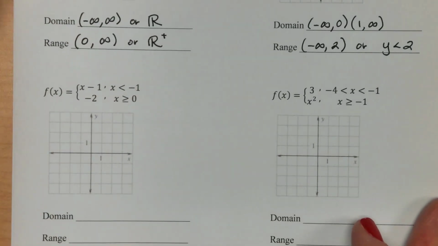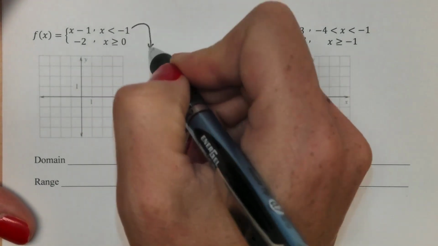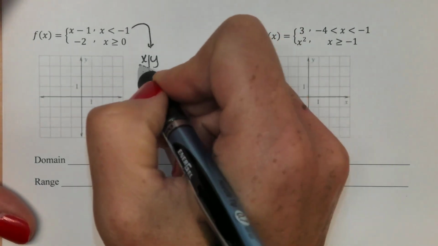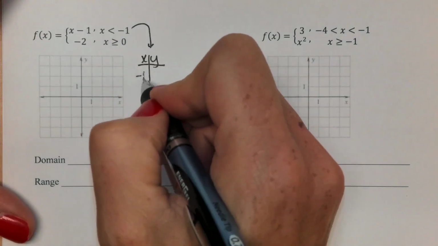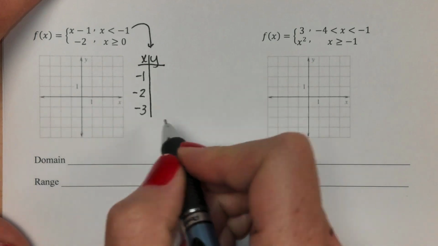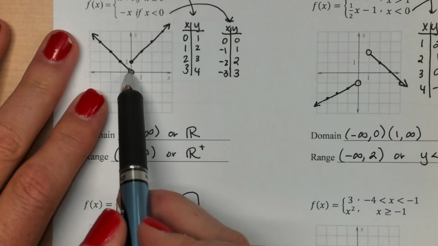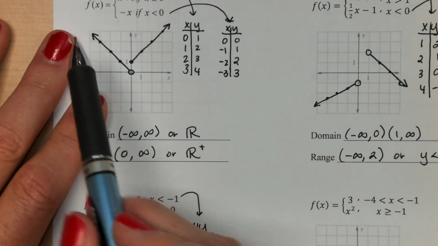We got 2 more to go. The top XY chart, we'll start at -1, and we're supposed to be doing everything less than. I'm just going to do 3 numbers total this time. 3 is enough for you to connect. As long as the 3 are in a line, you should be good to go.